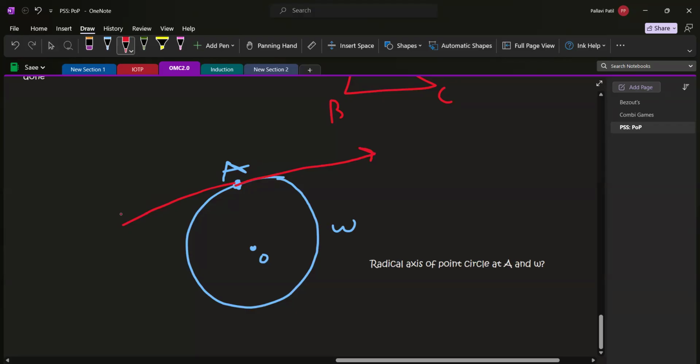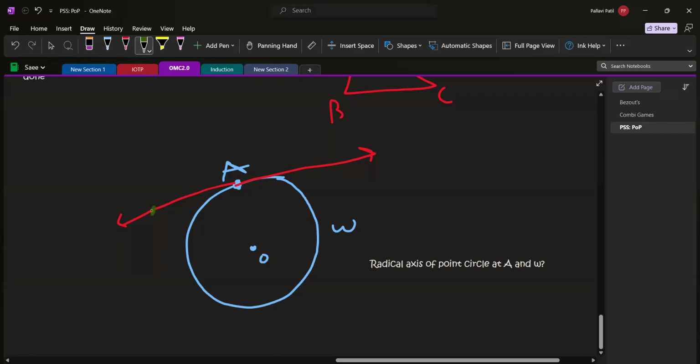Why is this the radical axis? Somebody just quickly explain why this would be the radical axis. If you take any point on the tangent, then the power of the point is the same. Amazing.